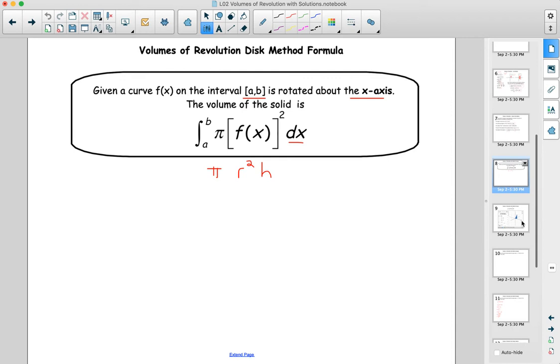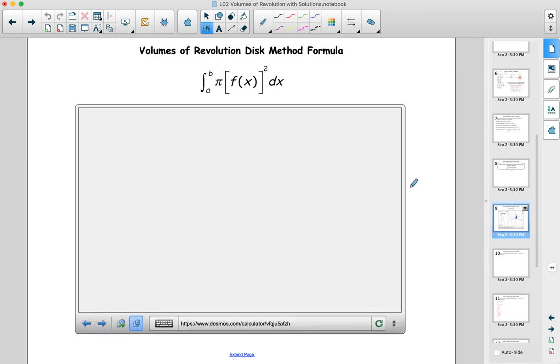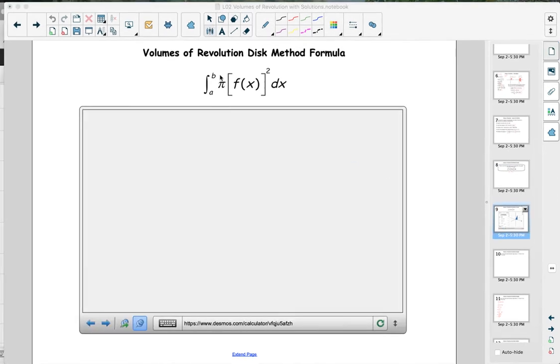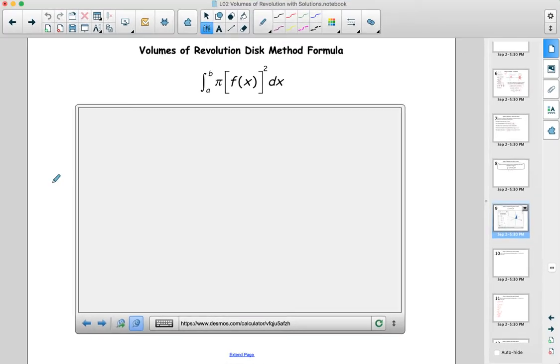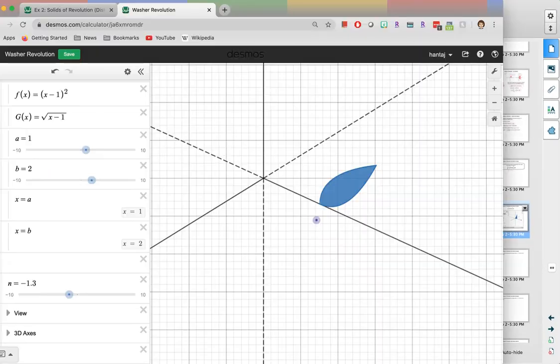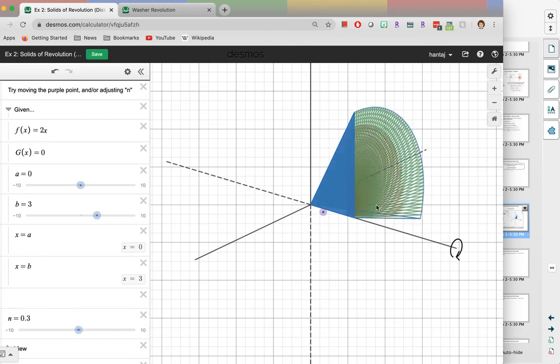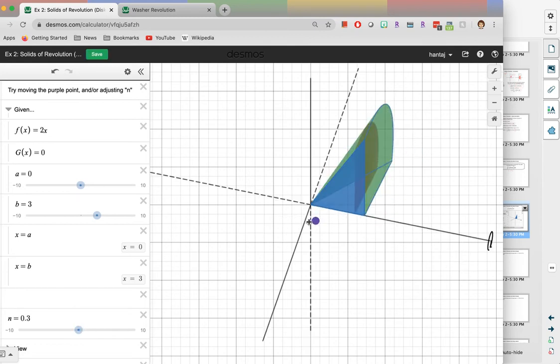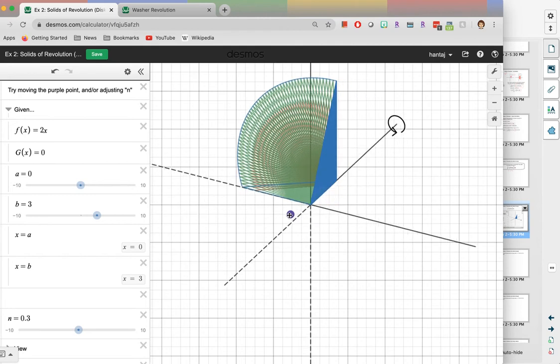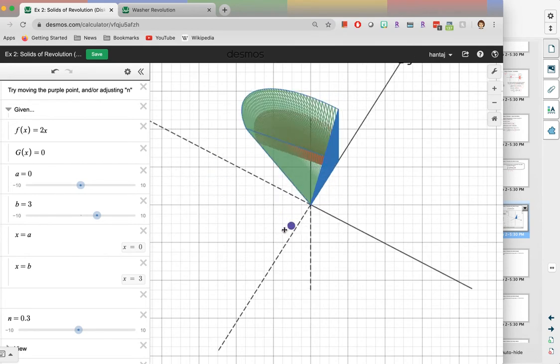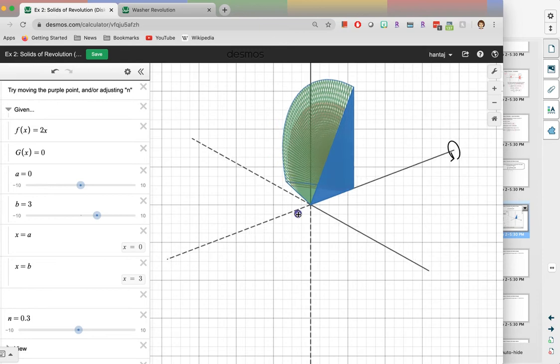All right, I've got, just sort of to show you what that looks like, but that's not going to work effectively there, so I'm going to switch here. All right, so in this particular volume of revolution, if we start spinning that around, we can grab that point to just move, just so that you can see. Now we've created a section.